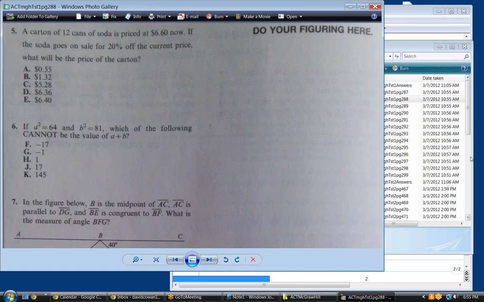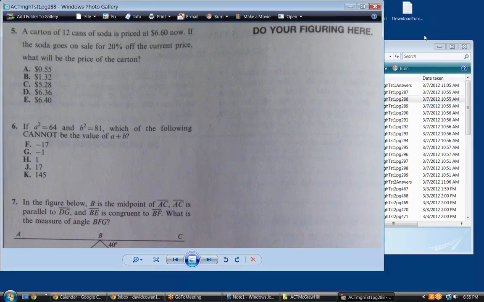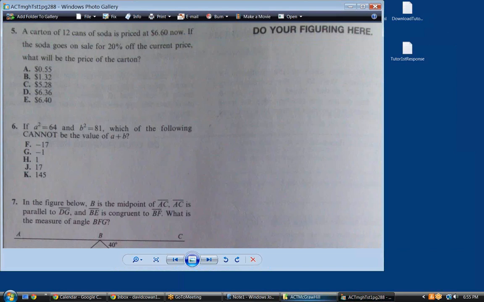Okay, number 5. A carton of 12 cans of soda is priced at $6.60 now. If the soda goes on sale 20% off the current price, what is the price?